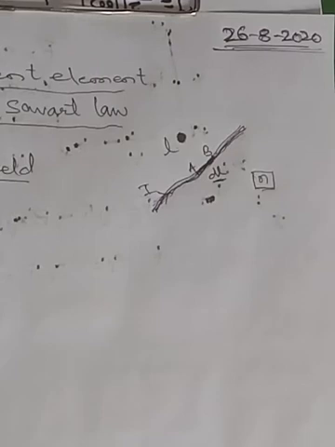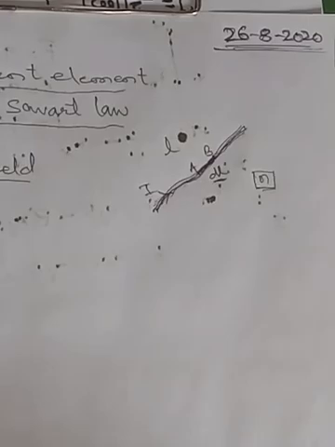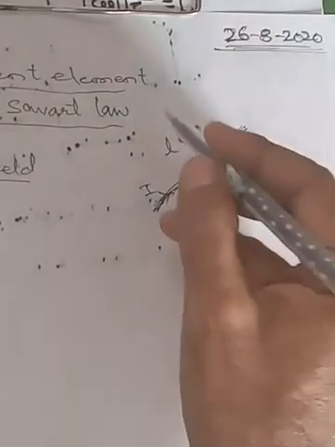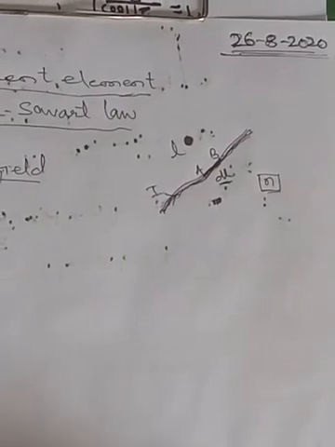Because of that, the scientists considered a very small element of the current carrying conductor. That small element is called the current element. क्लियर हो गया? करंट एलिमेंट का कॉन्सेप्ट क्यों बनाया है?